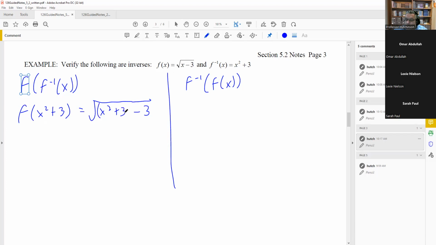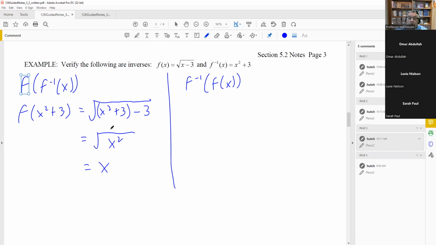So you can tell here that where the x was would be the blank with those parentheses, replacing that with x squared plus 3. We put that inside. From here, we're just going to simplify it. The 3's are going to cancel out, and you end up with the square root of x squared, which is equal to x.